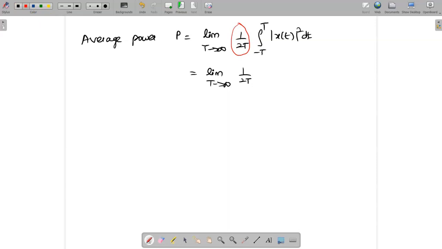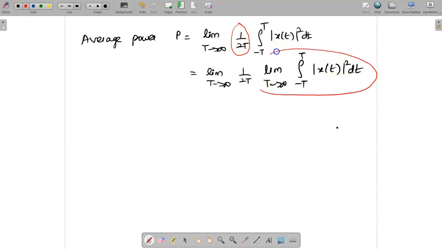Anyway, T tends to infinity is applicable for both terms. We already know that the integral is nothing but your energy E. So I can write average power P as limit T tends to infinity 1 by 2T into capital E.